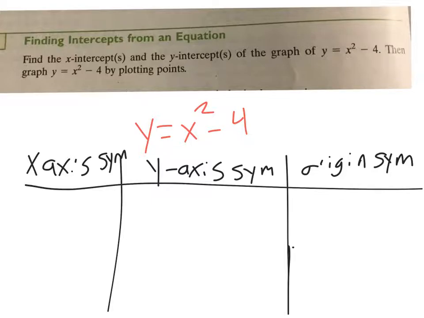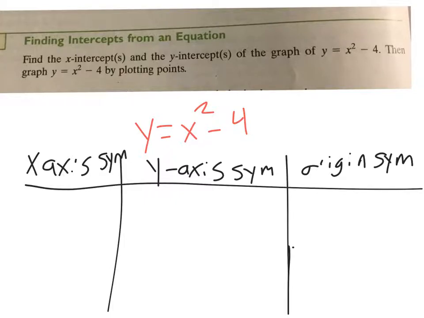If you look at me, this is the way I think about it, because you're not going to be given those notes on the test. If I think about something being symmetric with the x-axis, well, the x-axis is horizontal, like this. Say that I had a point here, and it needs to be symmetric here, right beneath it. So what is changing? Is it my x or my y? The y is changing its sign from positive to negative or negative to positive. So to test for symmetry with the x-axis, I'm going to change the sign of my y.